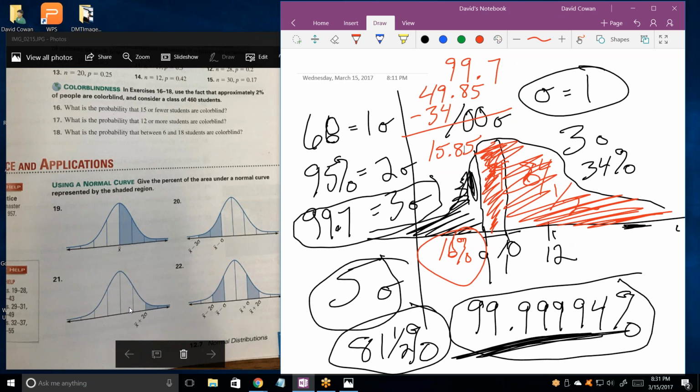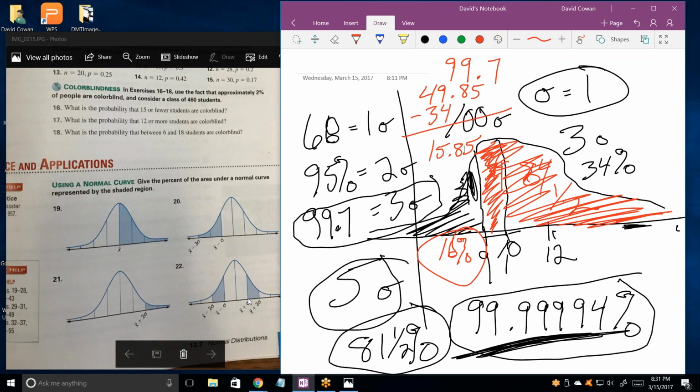And that's the way you're going to do all of these. On 22, I'm going to figure out the area between this point and that point, 95%. Then I got to subtract off the area between this point and this point, which is 68%.